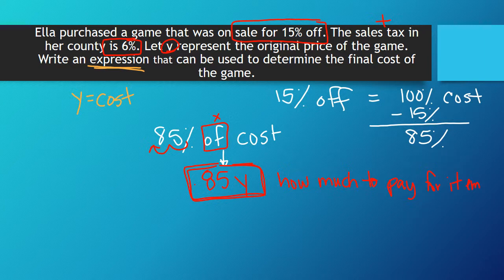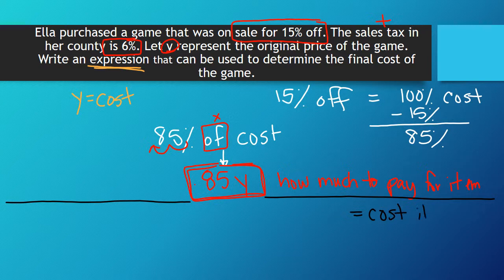So now let's think about sales tax. Let me draw myself a little line here. Sales tax is not subtracting. Sales tax is actually adding. So go back to our cost. If we have our cost for our item, we're going to pay that entire cost. Even if it's the new discounted price, we're paying the whole 100% of that cost, that discounted cost or that normal cost.